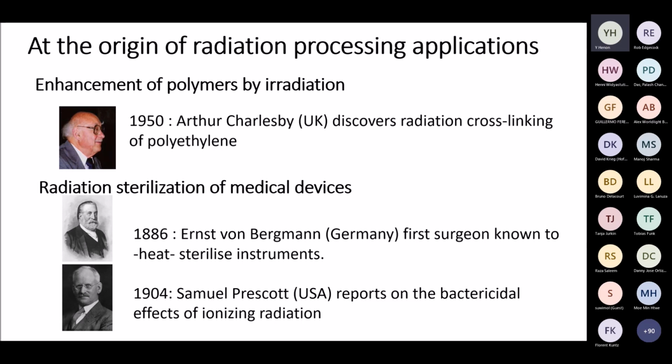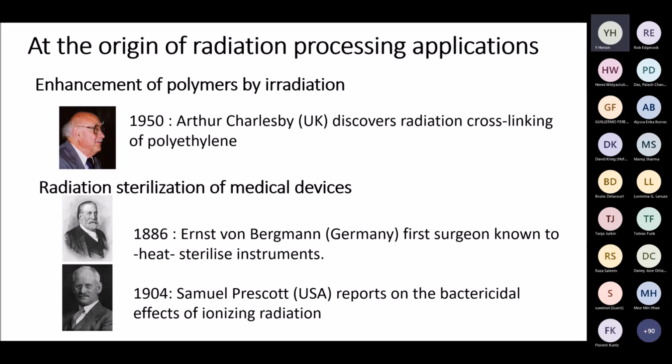Arthur Charlesby in England was really the man who opened the era of radiation chemistry by discovering that radiation could cross-link polyethylene, and the commercial application also followed very soon after, especially in the US.